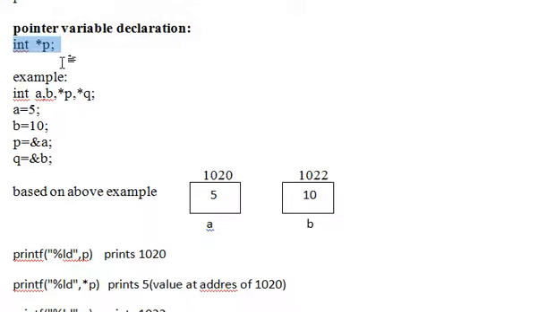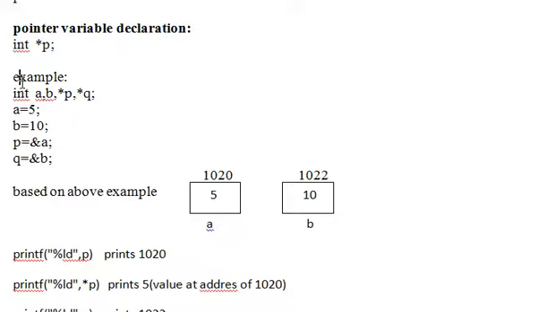But if p is a pointer variable, we have to declare it like int *p. So here p is the pointer variable. In this pointer variable we are storing an address, and at this address we can store integer values.